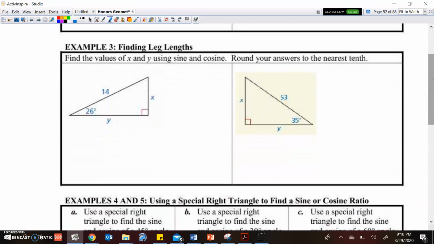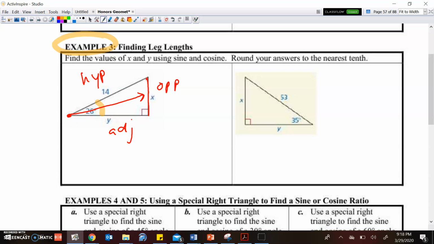Just example 3. Okay, so they're asking us to find the value of x and y using sine and cosine. So they're giving me this angle, so that's what I'm going to work from. So when I try to find x is from this angle. X would be my opposite side. This is my adjacent side, and this is my hypotenuse. It helps if I label that.